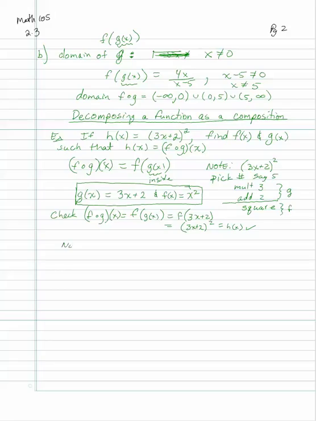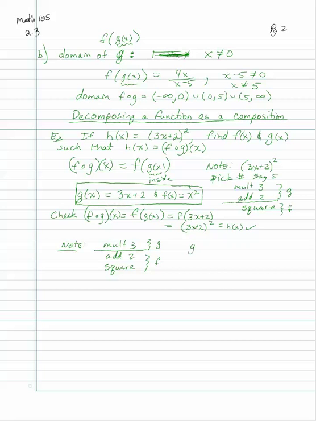So note, I could have also done it this way. I could have split it after the 3. So if I did multiply by 3, add 2, and then square it, see there's 3 steps. So if I want to split it into 2 functions, I could split it there. And this would be my g, and then this would be my f.